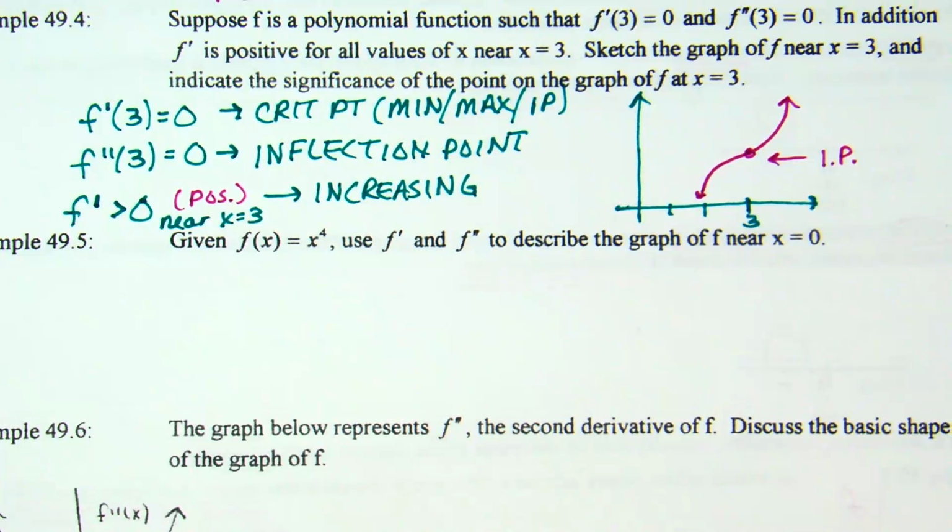Okay. Example 5, we have to find a little bit more of our information here. This time we're actually given a function, f of x equals x to the 4th. Use the first and second derivative to describe the graph of f near x equals 0. So that means we need to know what's happening at 0 and left and right of 0.